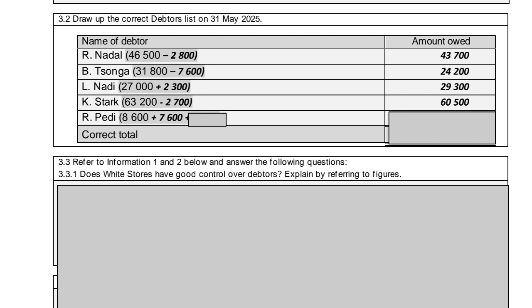That amounts to 9,000 Rand. So 9,000 Rand needs to be added back to R. Petty's account. So then his new balance owing is 25,200 Rand. So our correct total for our debtors list is now, if we add all these amounts together, 182,900 Rand.